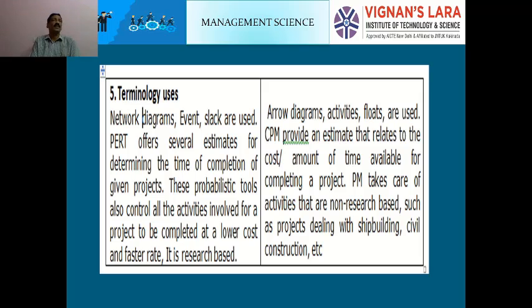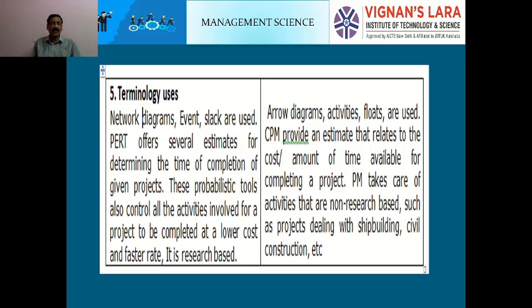That means the time delay at an event is called slack. And a diagram is prepared with nodes connected by activities denoted by arrows.